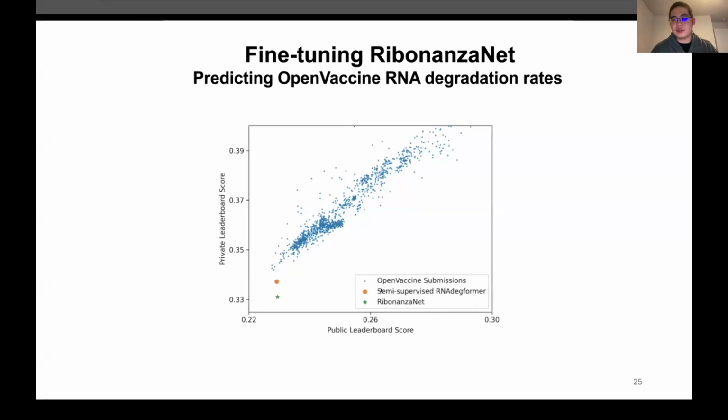So the orange is basically 600 forward passes per sequence to make one prediction, whereas RibonanzaNet is just one model, just one forward pass. And RibonanzaNet actually does better.